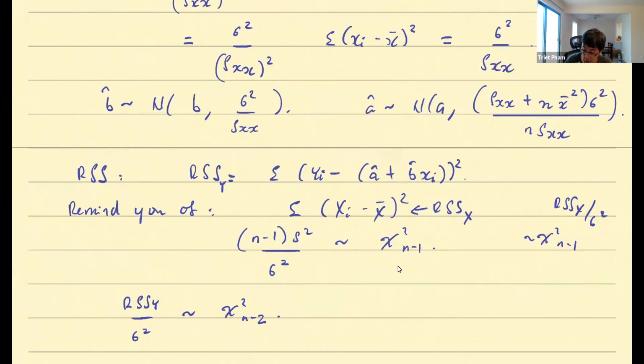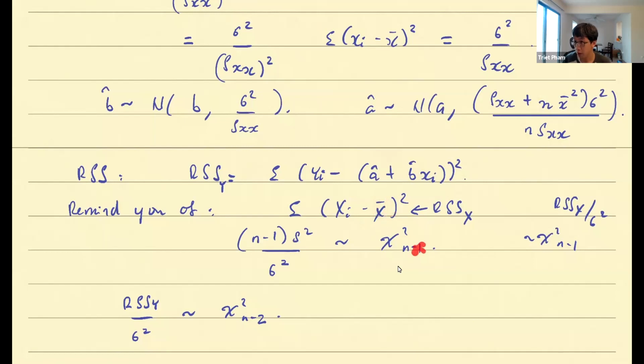Why? So first, why the 2? That's all I want to say for now. Why the 2? Remember, I explained before, why do we lose 1 degree of freedom here? We lose 1 degree of freedom because you have to estimate x bar. You remember, in your quiz of last week and this week, if we have the mu here, if mu is known, if you don't have to estimate the mu, then this becomes chi-square n.